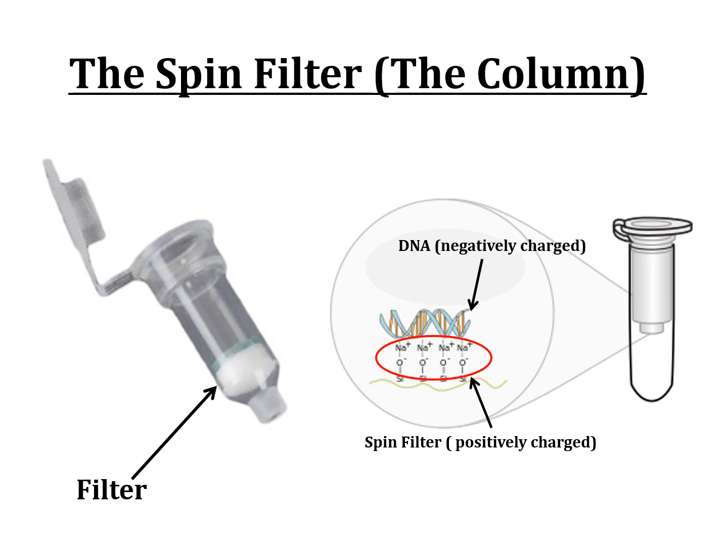Therefore, it is stuck to the column, and the other things, the carbs, etc., move out and down here. The DNA is stuck to the filter. We still need to get it out of the filter, but at least now we have DNA by itself.